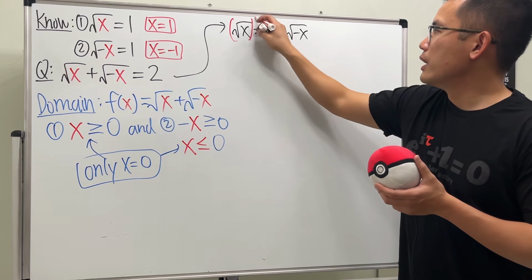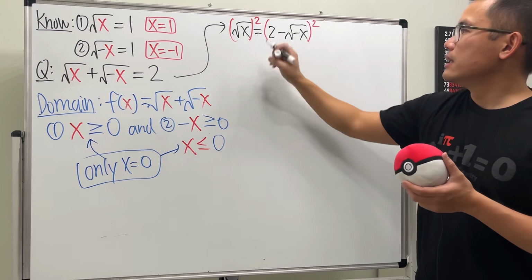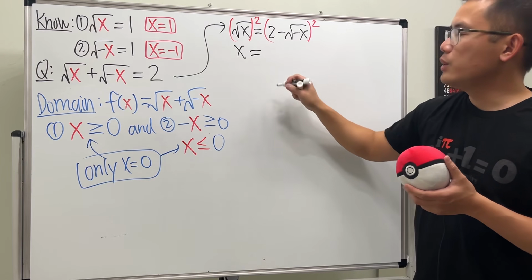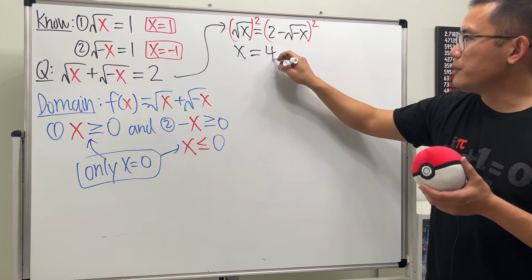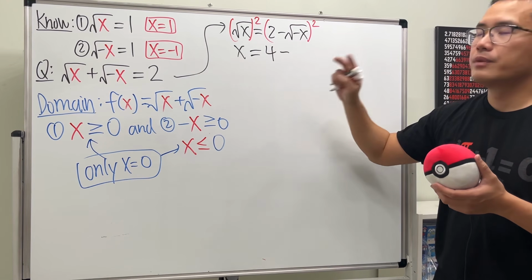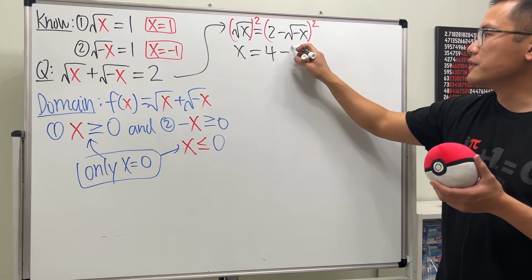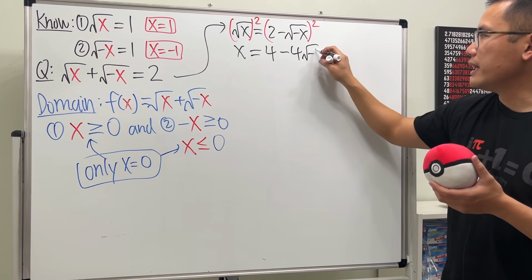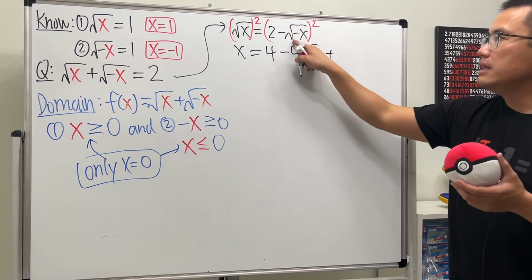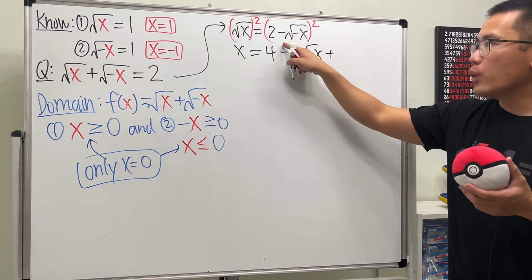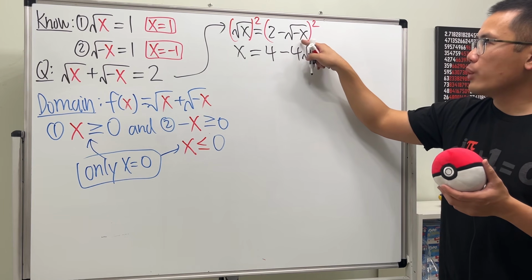And then we are going to square both sides. We get x right here, and this is equal to, when we square this, we square the first thing, which is going to be 4, and then minus 2 times this and that, which is 4, and then square root of negative x. And lastly, we will have to add this square, but square root of negative x squared.